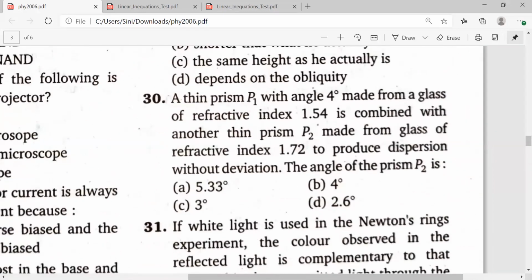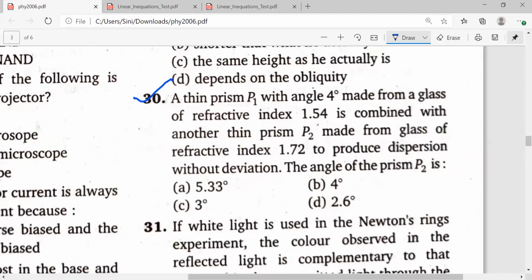Yeah, 30th question. A thin prism P1 with angle 4 degree made from a glass of refractive index 1.54 is combined with another thin prism P2 made from a glass of refractive index 1.72 to produce dispersion without deviation.